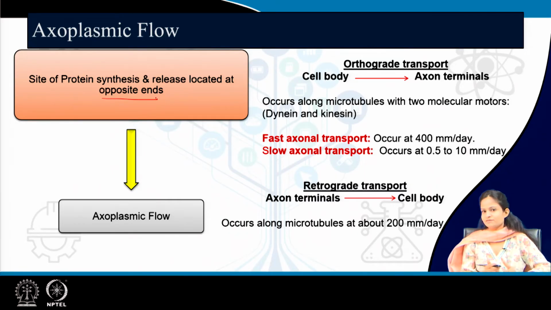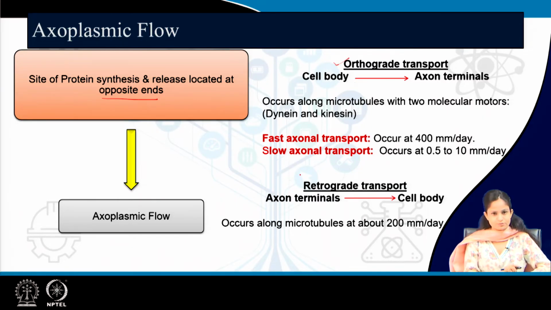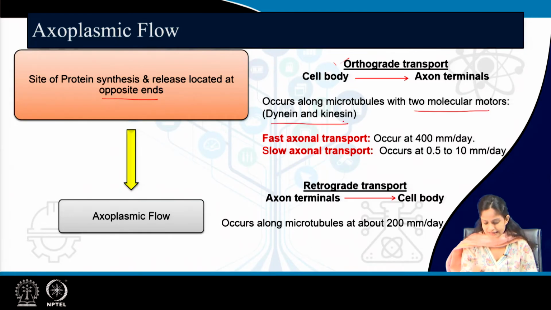Now there are two types of axoplasmic flow you should remember: orthograde transport and retrograde transport. Orthograde transport means the transmission is from the cell body to the axon terminals, which is very normal. This transmission occurs with the help of two molecular motors, dynein and kinesin.